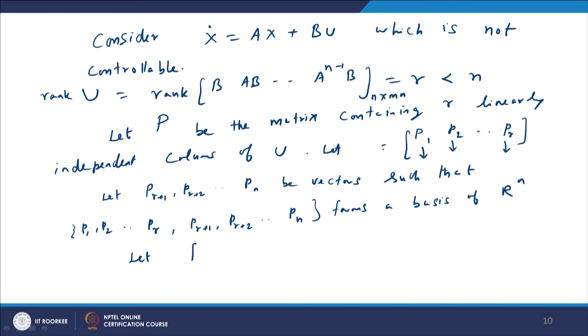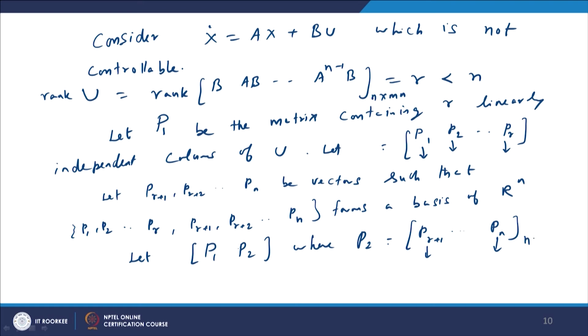So, let us consider the block matrix P1, P2. Here, instead of P we can use the notation P1, and P2 is the remaining matrix, where P2 is given by P R plus 1, etc., Pn. So, the column vectors are like this.